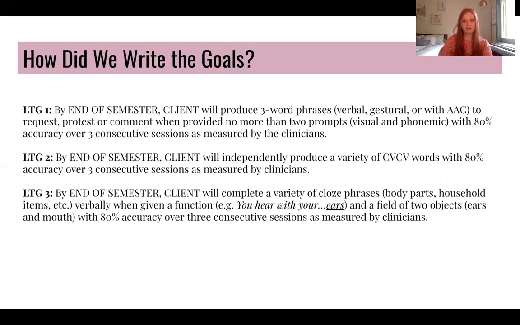Clinicians, because there were 2 of us. The visual and phonemic cues. So visual would be similar to what I was saying for the last client, pointing at a picture card. We sometimes would take her hand, like I mentioned, and actually point to the cards or point to the AAC button with her, but also phonemic cues.